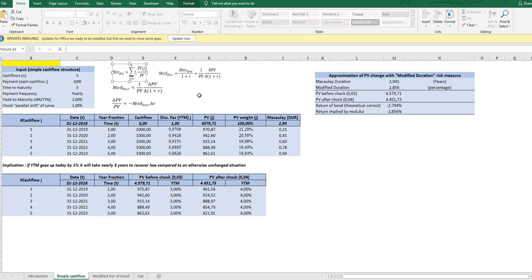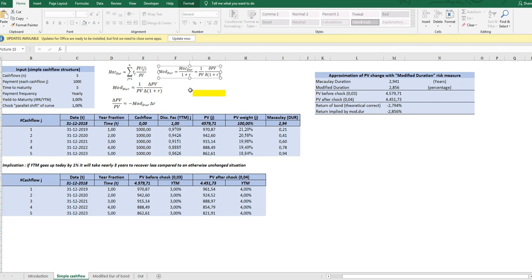Remember, the Macaulay duration is a time weighted relative present value measure on all cash flows, and the modified duration is simply the Macaulay duration standardized by 1 plus R. So that gives us a totally new measure, at least in terms of interpretation, because now with the modified duration we can visualize or calculate what happens with the present value of the bond given an absolute shock to the yield to maturity of the bond, not a relative shock on the interest rate.